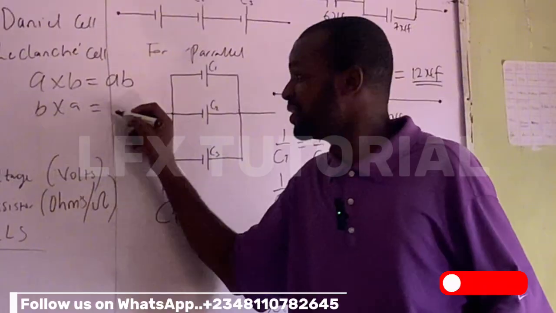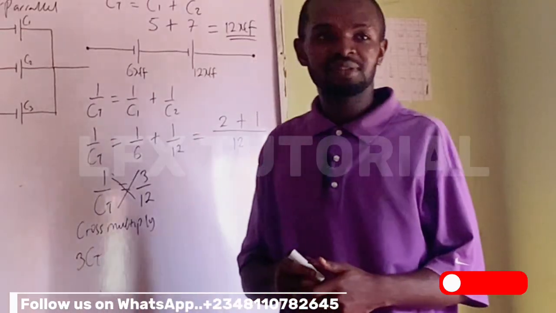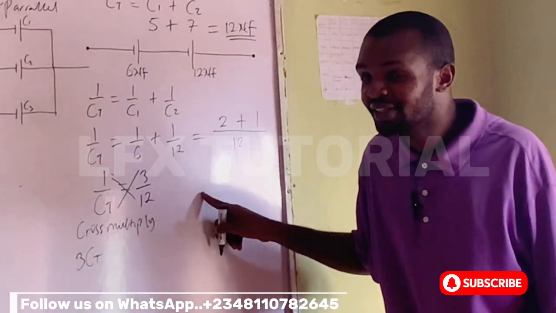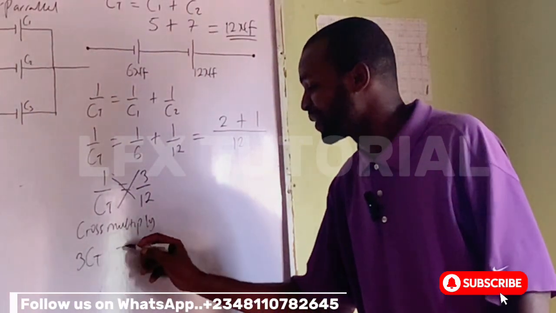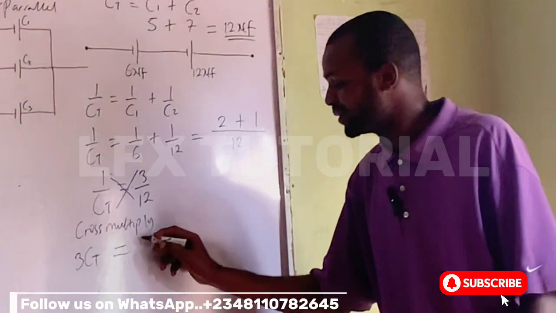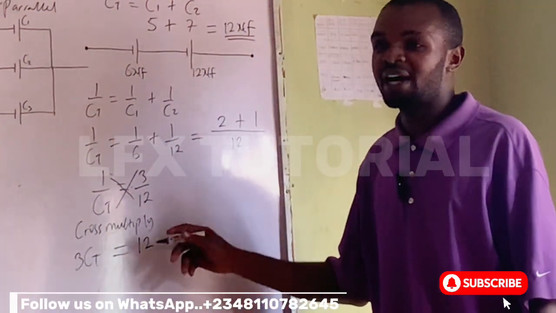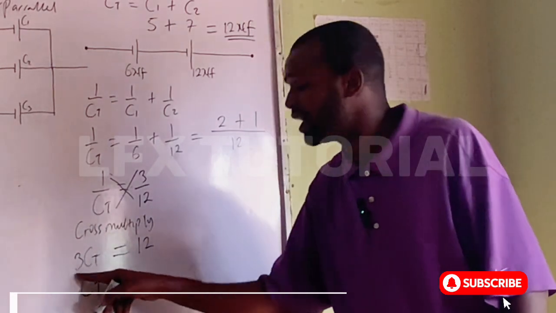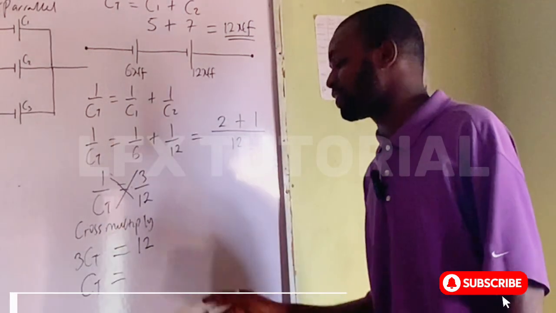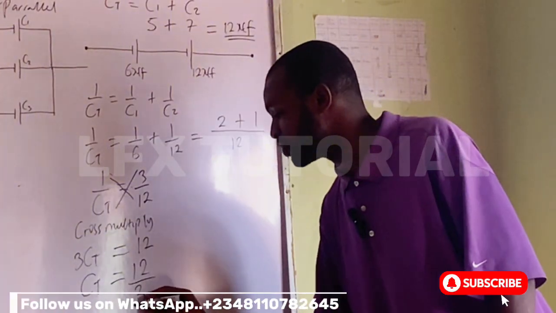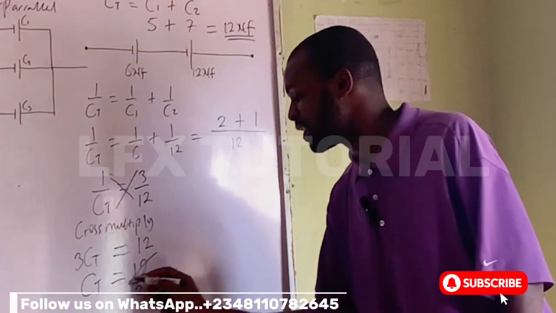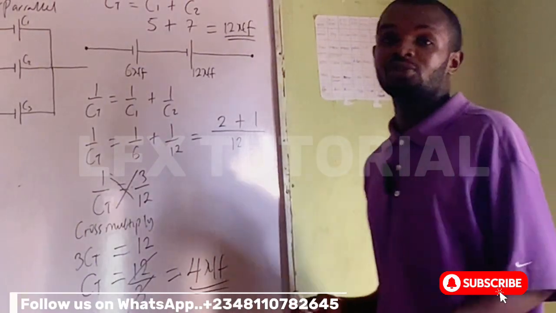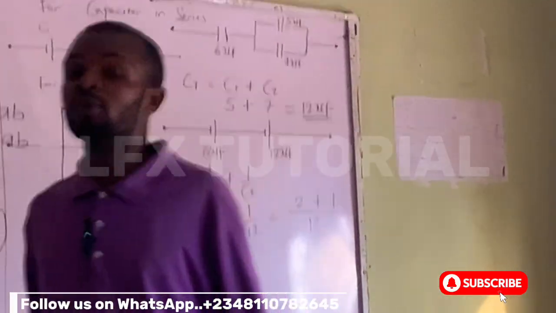Then B times A is AB. Okay, CT times 3 is equal to 1 times 12. Divide both sides by 3. The relationship is times. Once times is crossing the equal sign, we change to what? Division, which is equal to what? 12 divided by 3. What will you get? 4. So it becomes 4 microfarad.